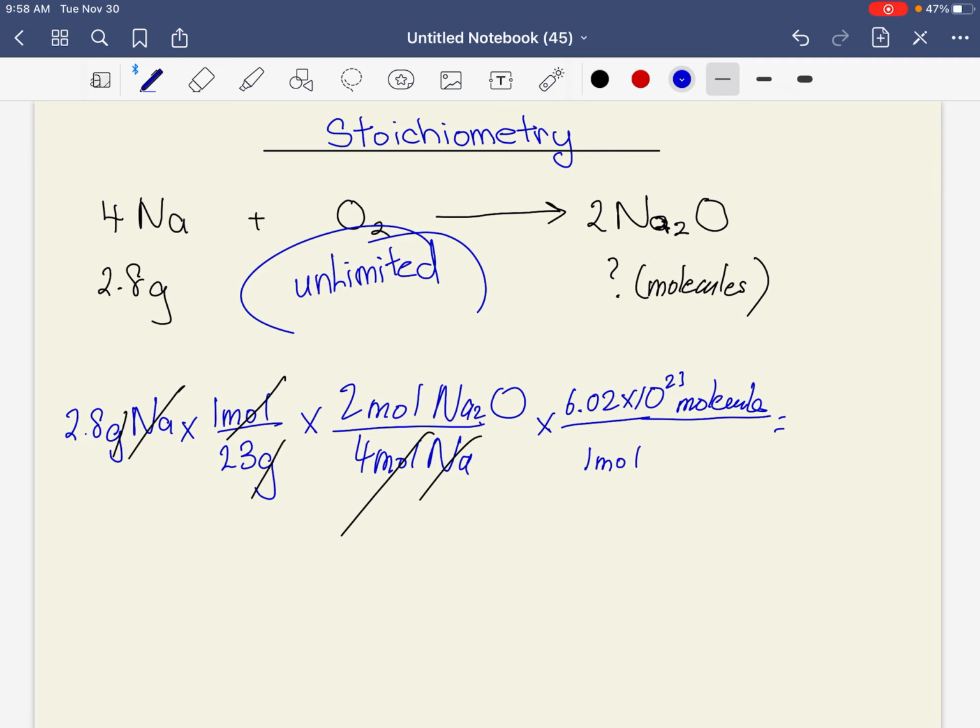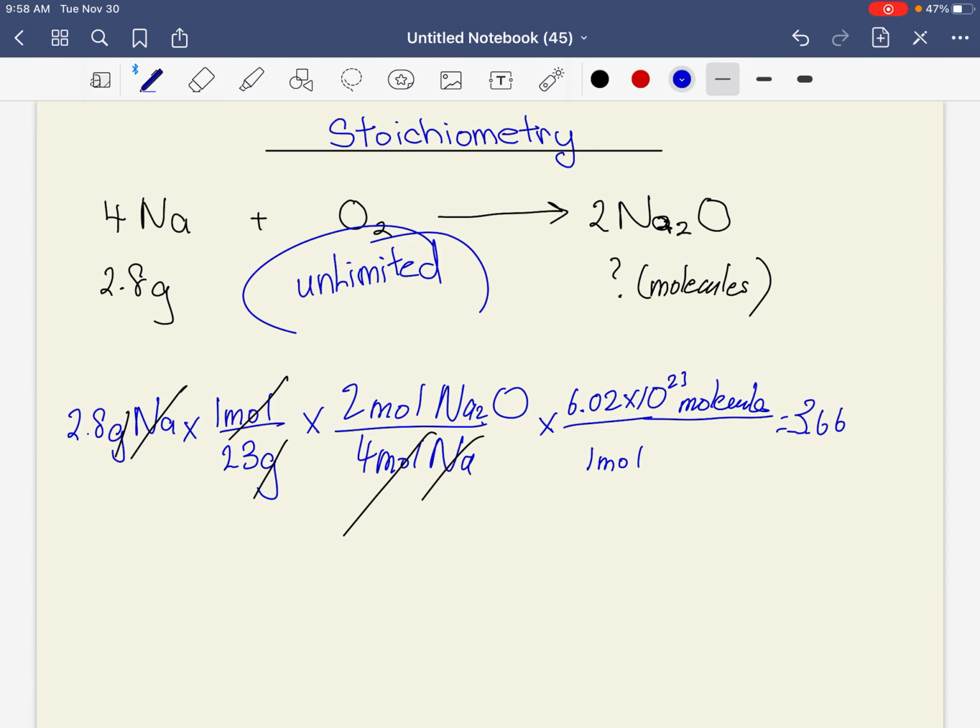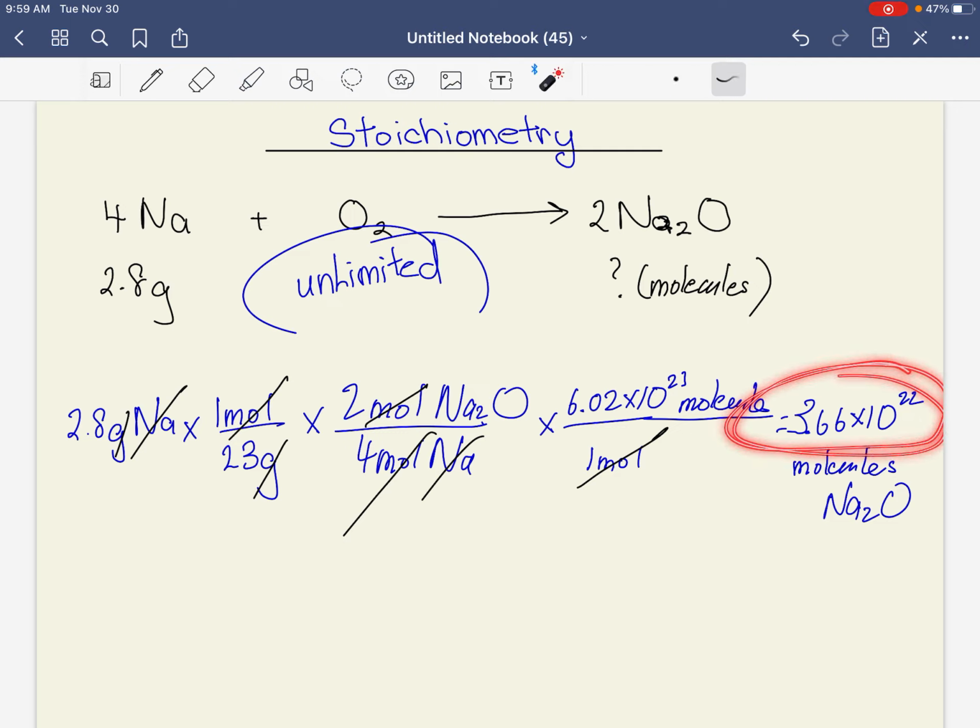And my answer is 3.66 times 10 to the power of 22 molecules of Na2O. Oh, I forgot to cancel these. There you go. So 2.8 grams of sodium produces that many molecules of product. Again, assuming that this is unlimited.